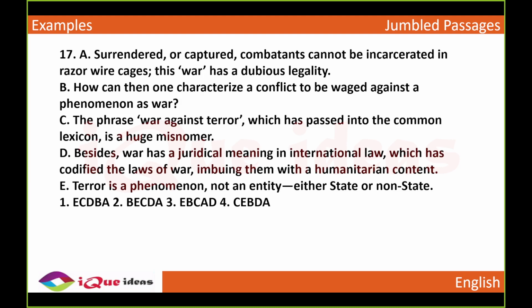Phenomenon means घटना. How do I explain phenomenon? घटना. I think हाँ, घटना. A phenomenon is a घटना. Phenomenon यानी घटना.